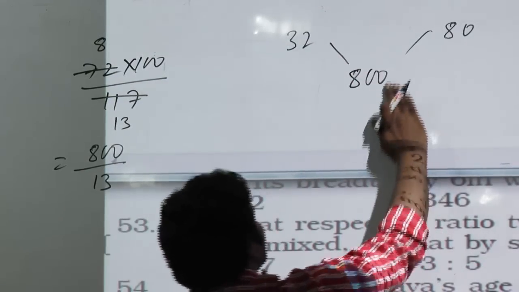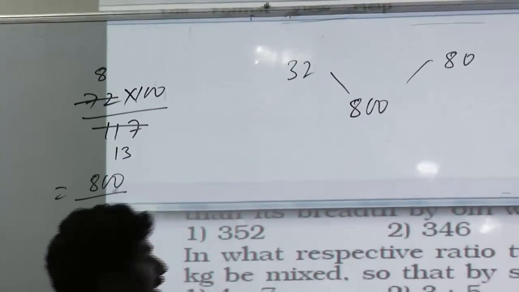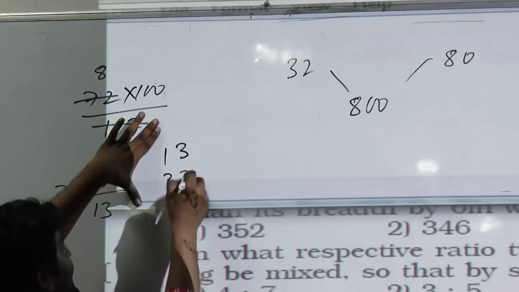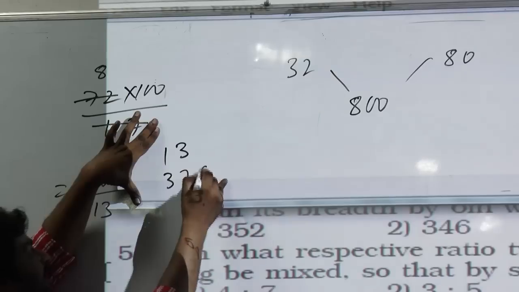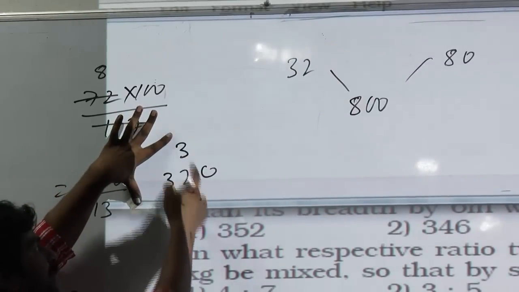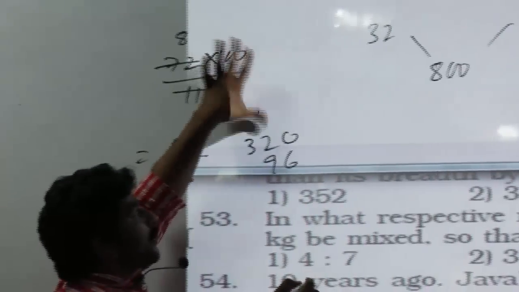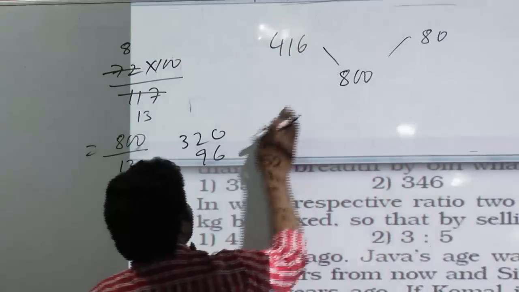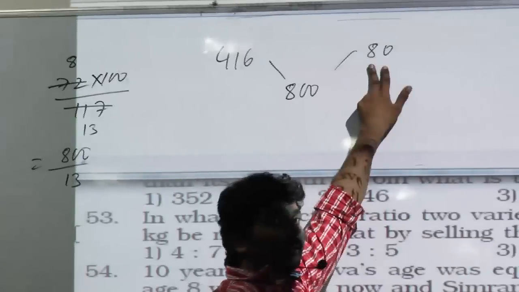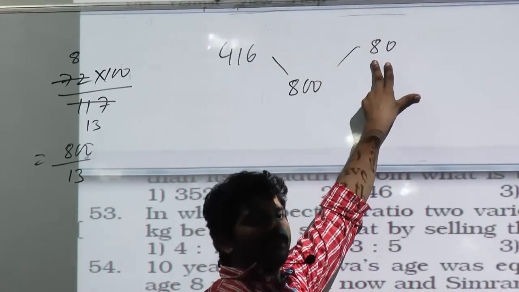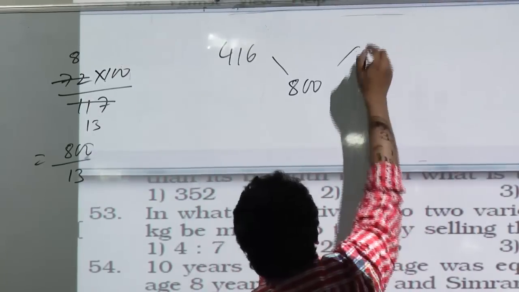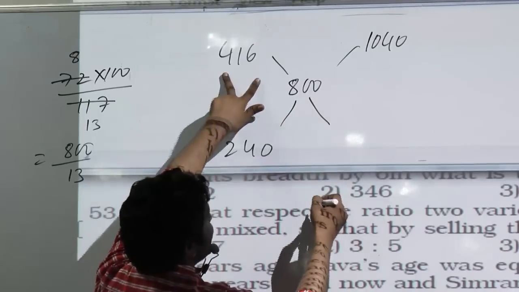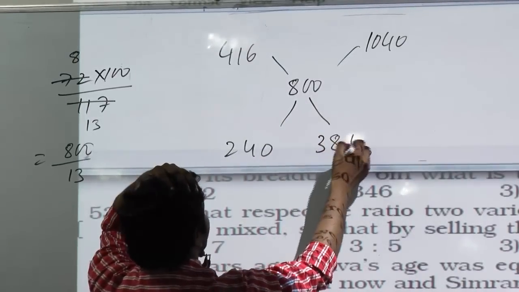Right. 13, 32 times. 32 ten times, 32 three times, which is 416. So here use 416. And then 80, 13 times, 1040. This is 1040. Take the difference. This is 240, and take the difference here, 384. Yes or no?